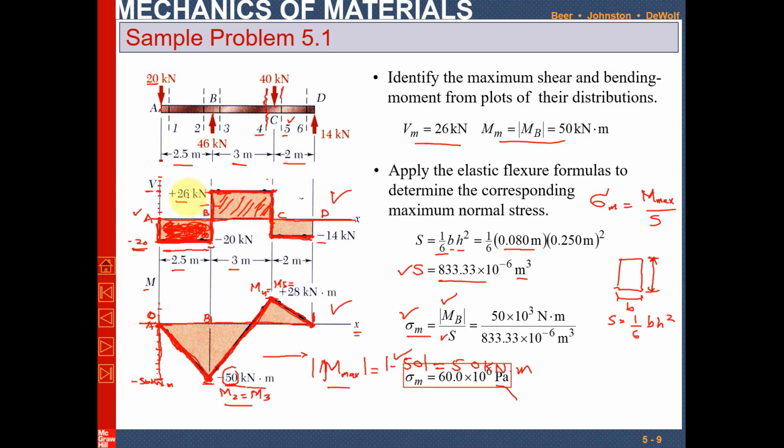Now you can see the area under this shear force between B and C. So this height is 26, clear, and this length is 3. So 26 multiplied by 3 will yield you the bending moment in this region.